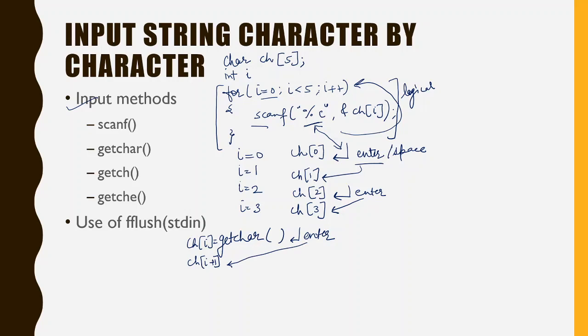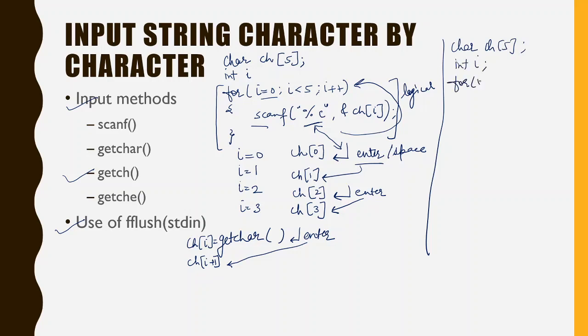To solve this problem, whenever you are taking values inside a loop, there are two alternatives. Either you use the getch function or you use fflush(stdin). Right now I am telling you about fflush(stdin), not getch. We will do that in a further program. For using fflush(stdin), you declare the array and take the loop variable.